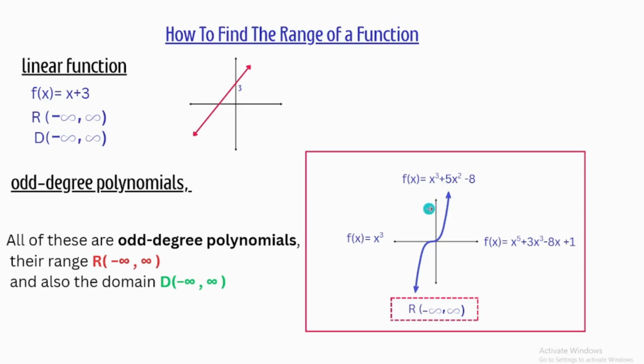Any polynomial of odd degree has a range that extends from minus infinity to infinity, and its domain is also from minus infinity to infinity. The linear function is an odd degree polynomial, so it has the same range and domain.